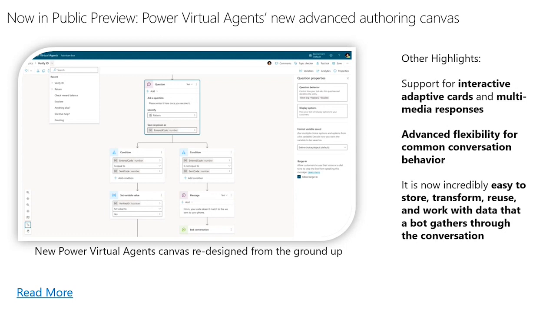So it makes it easier for professional developers and subject matter experts to collaboratively build a bot in one unified Microsoft bot building studio. So take a look at that new authoring canvas, which is in preview now.